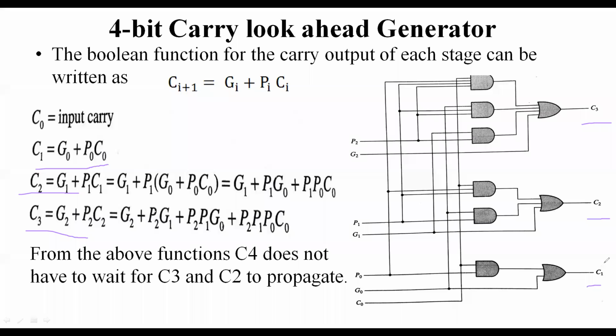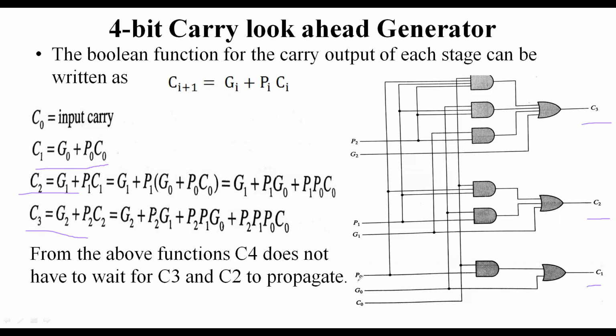And what I am saying here is that for a carry look ahead adder, we are designing a carry output circuit directly from the inputs. How do we generate the inputs? This is P2 and G2. We know what P2 is and what G2 is. P2 is nothing but A2 exclusive OR B2. P1 is nothing but A1 exclusive OR B1.